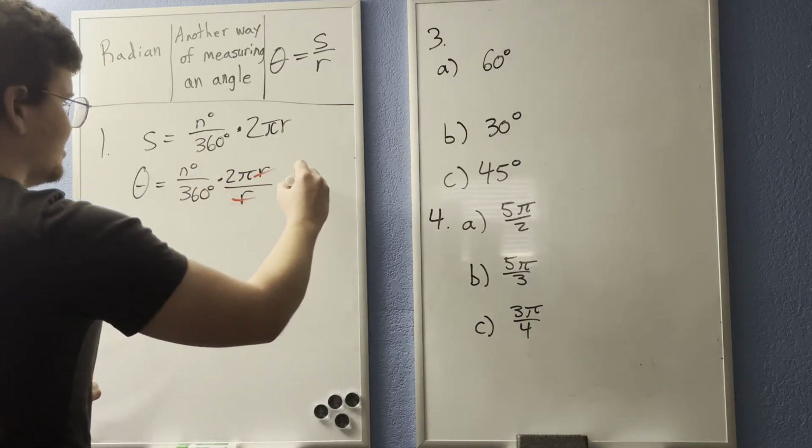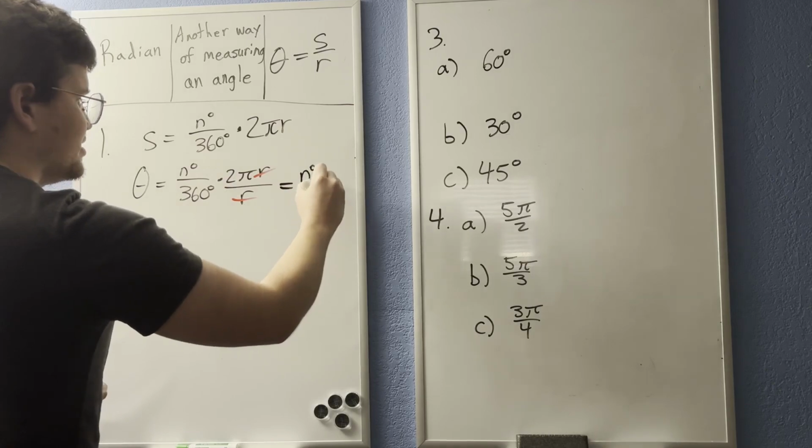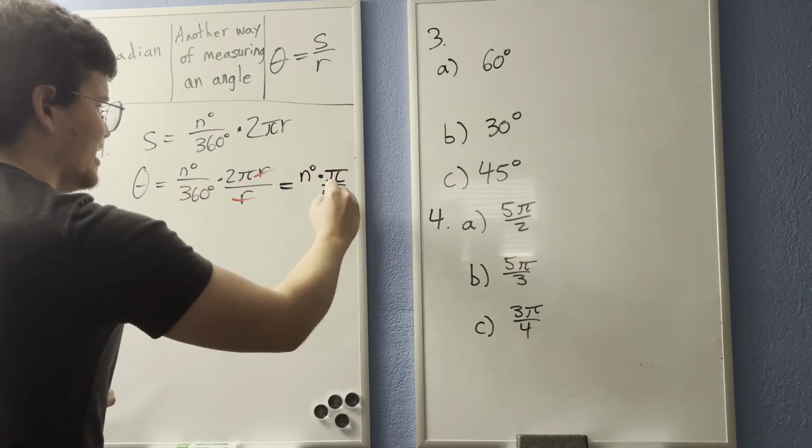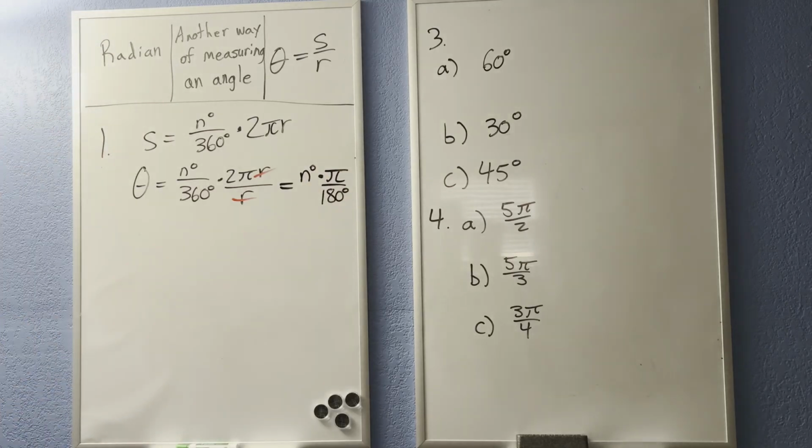So we get n degrees times pi over 180 degrees. Okay, so if I know my angle in degrees, all I have to do is multiply by pi over 180 to get it into radians. And we'll do a couple examples here in a minute about those.